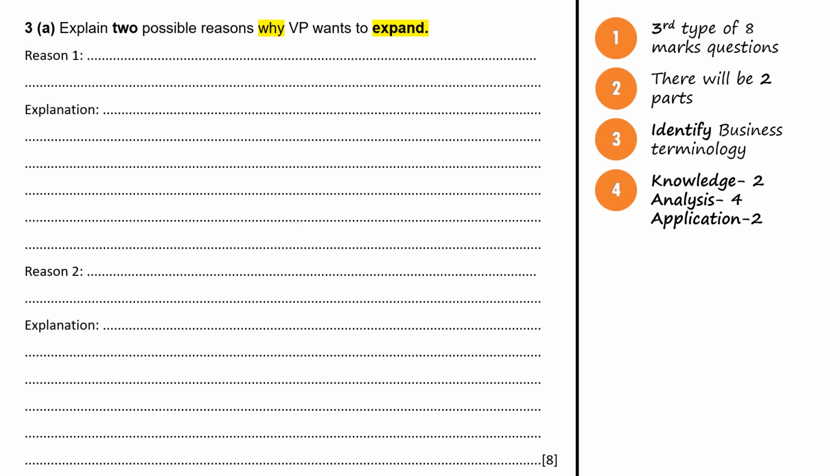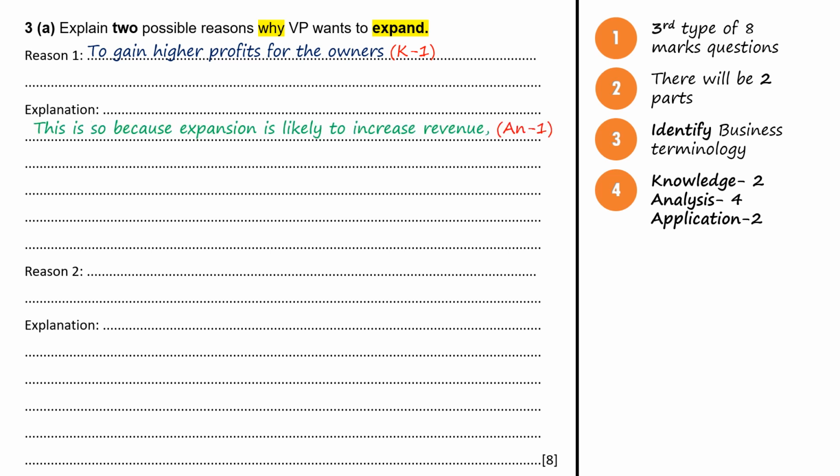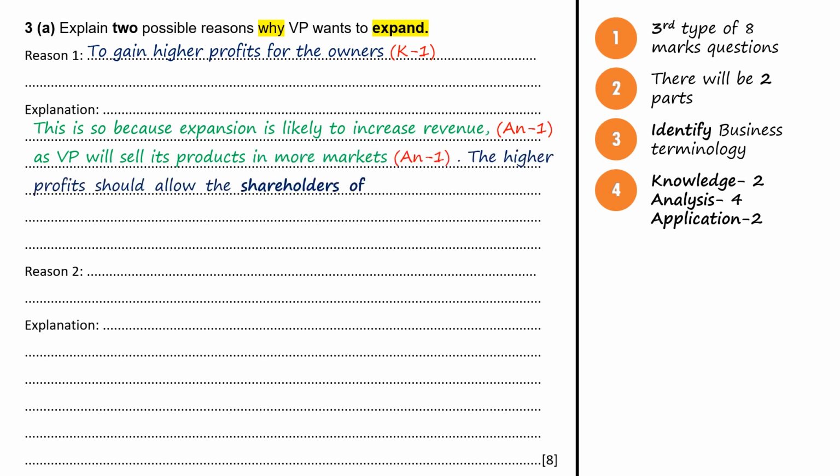So the first reason is to gain higher profits for the owners. Why expansion? This knowledge part is to gain higher profits. For whom? Say the owners. Analysis now. This is so because expansion is likely to increase revenue. The first analysis: VP will sell its product in more markets. What will happen next?